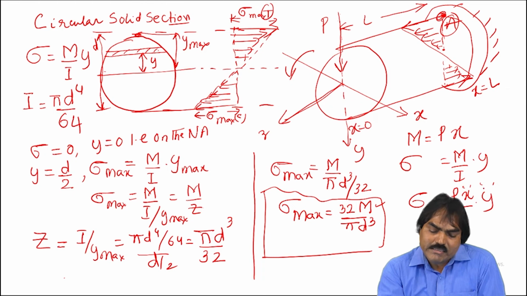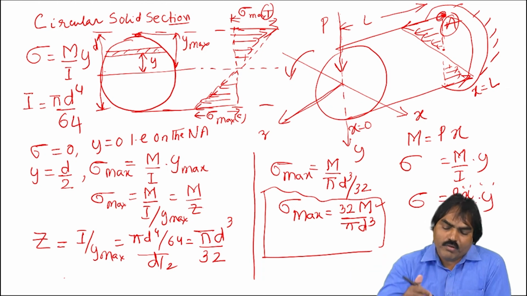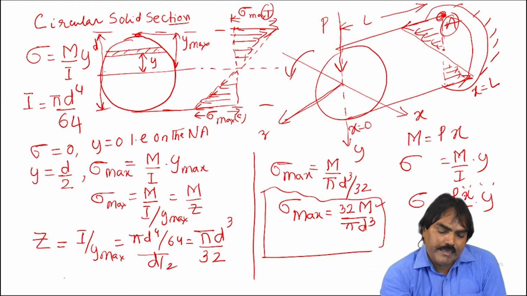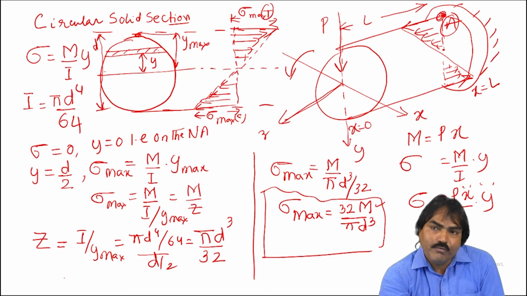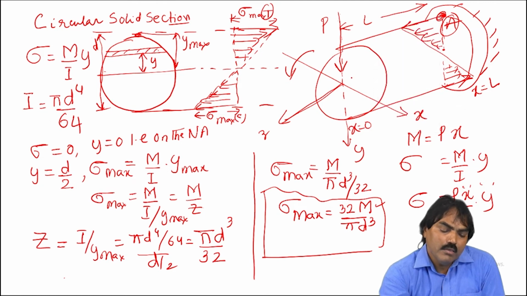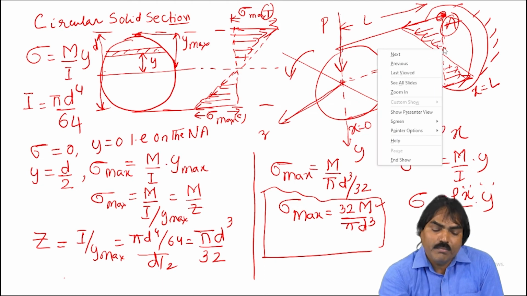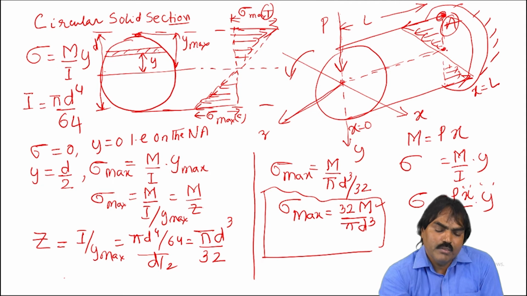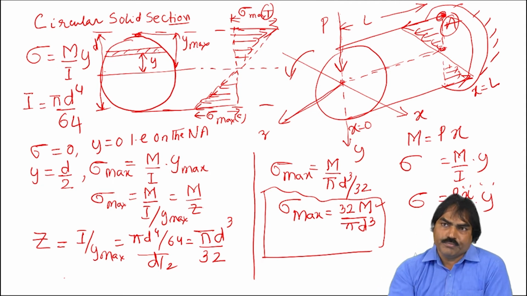Here y is the depth across the section. Even though at the fixed end x is the maximum value, if you take the axis of the beam, x is maximum but y is 0. That's why the bending stress will be 0 there.